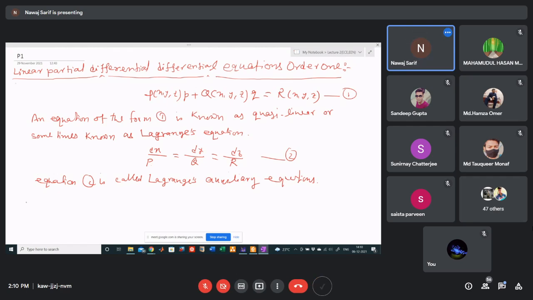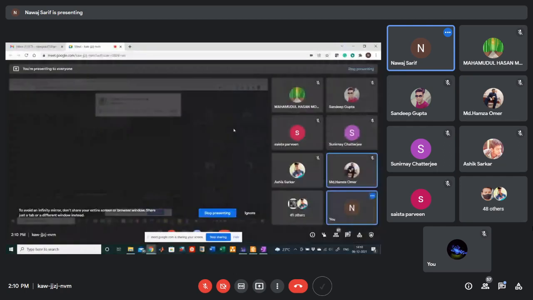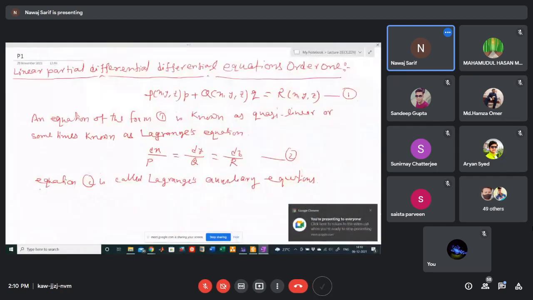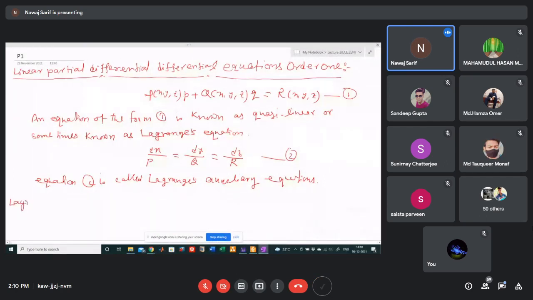Lagrange's method. So write down the general solution of Lagrange's equation.